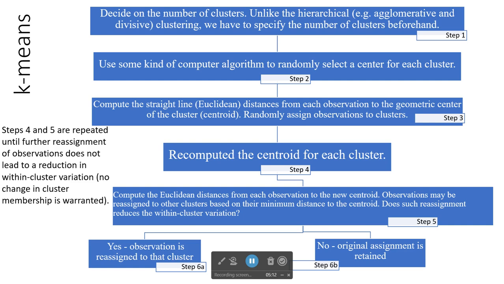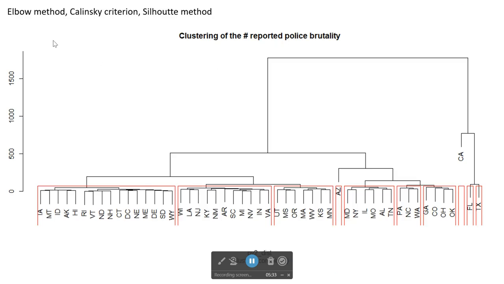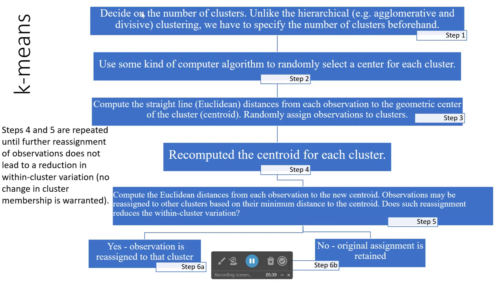We have to use our data to determine the number of optimal clusters before we do the analysis, and because of that, it's a top-down approach. We also have to use these three criteria to decide on the number of clusters before we proceed with k-means clustering.